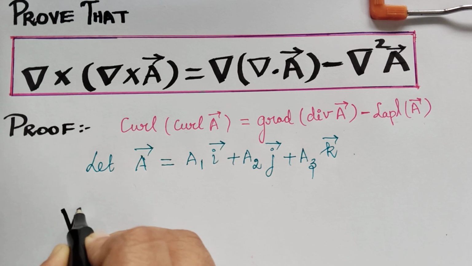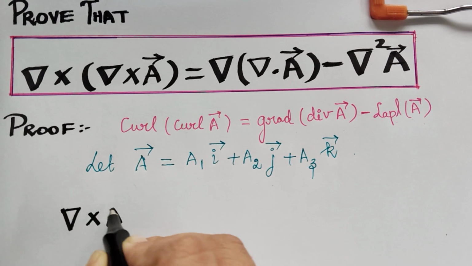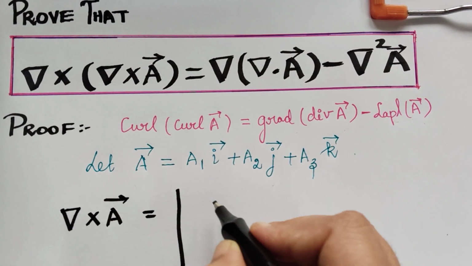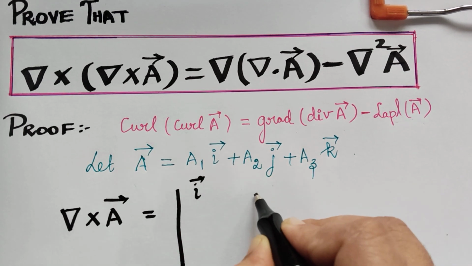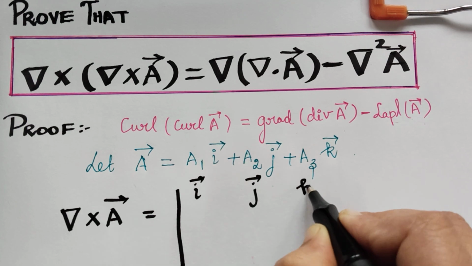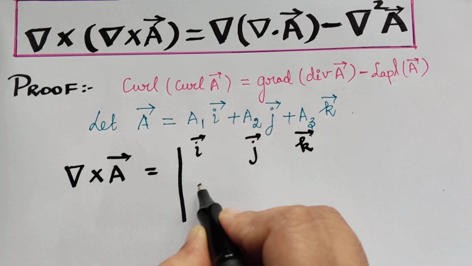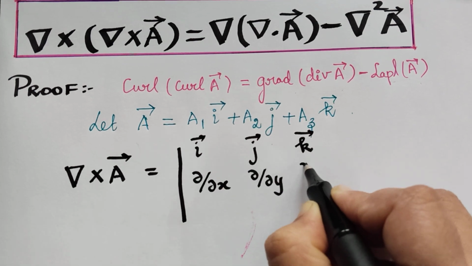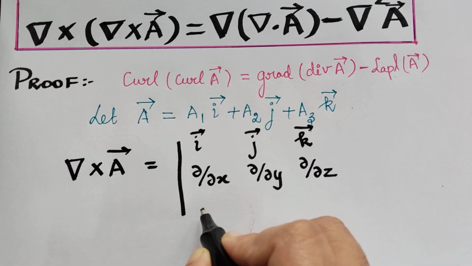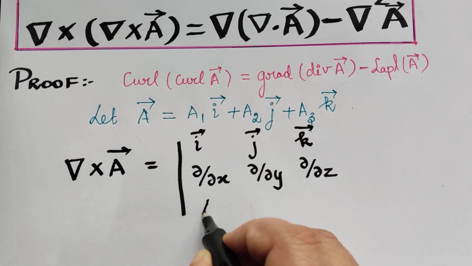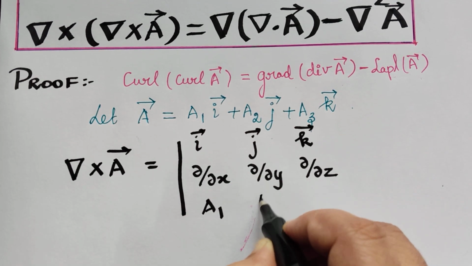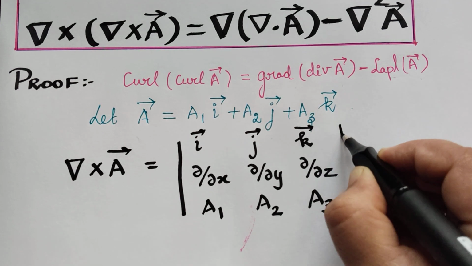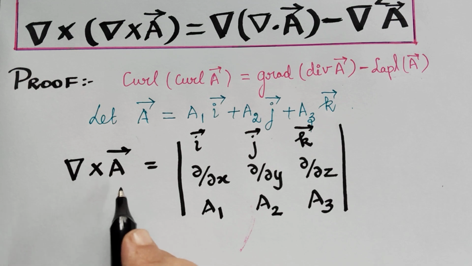We know that nabla cross A vector is given by the determinant of i vector, j vector, k vector, and then dou by dou x, dou by dou y, and dou by dou z. And here the ith component which is A1, here the jth component which is A2, and here the kth component which is A3. So this gives us nabla cross A vector.